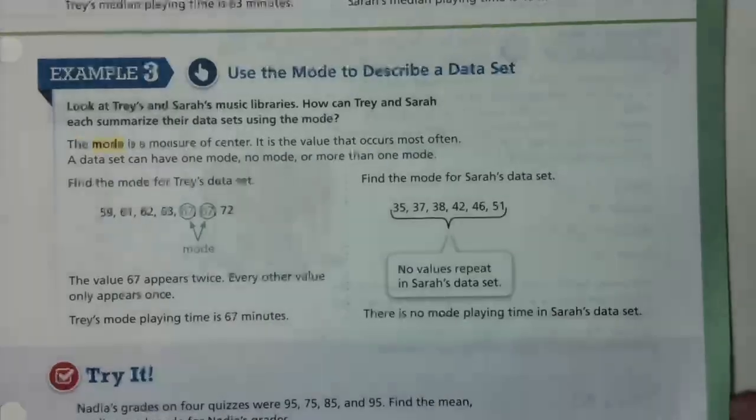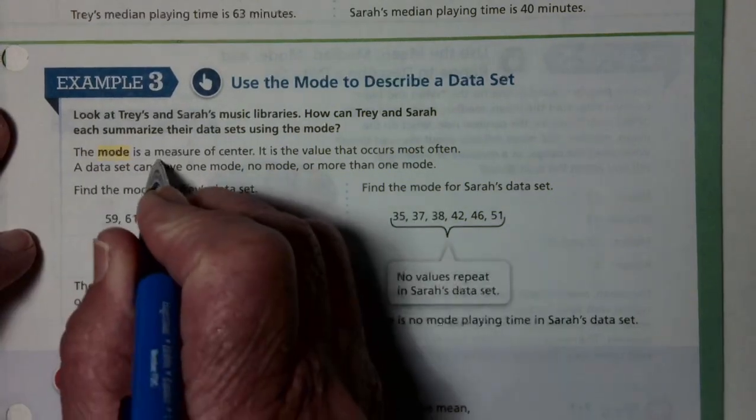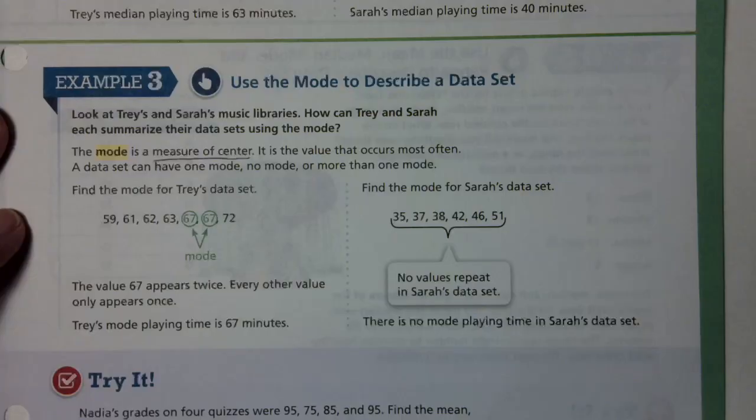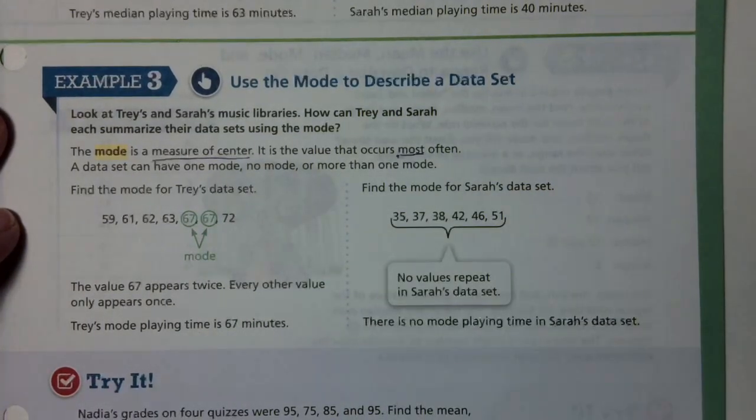Example number 3. Mode. Mode means the one that shows up the most number of times. So the mode is also considered a measure of center. It's the value that occurs most often. A data set can have one mode, no mode, or more than one mode.